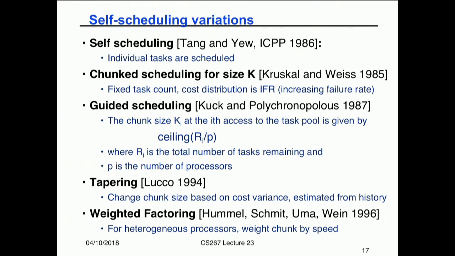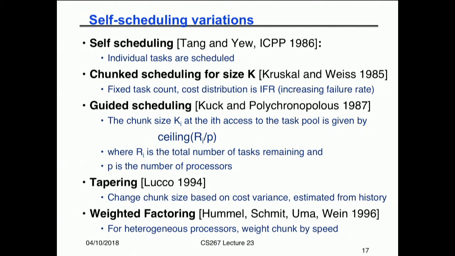There is a paper by Cook and Polychronopoulos that says we should pick the chunk size k sub i at the ith iteration, or the ith access to the task pool, given by this formula: R over P, where R is the total number of tasks that are remaining in the pool and P is the number of processors. So at the beginning, let's say I start out with 1 million tasks, and so I divide them up into 1 million over P pieces, and I take one of those chunks of work.